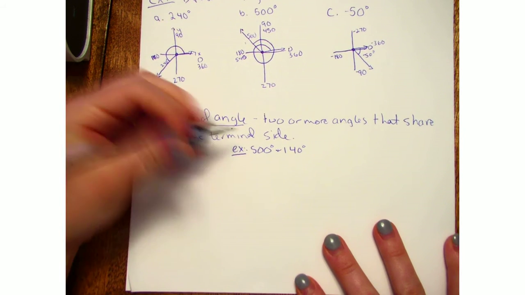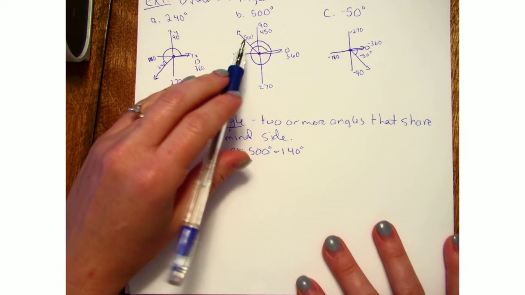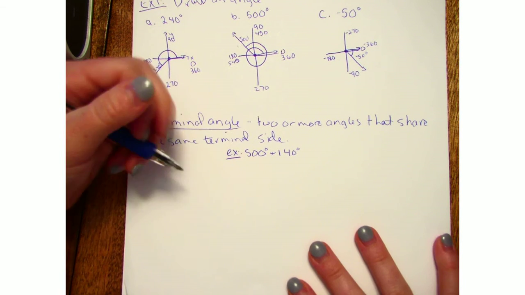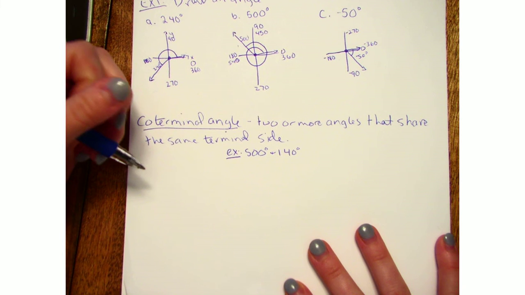Okay, so you find this, obviously you're not going to draw this every single time. You find it by adding or subtracting multiples of 360.